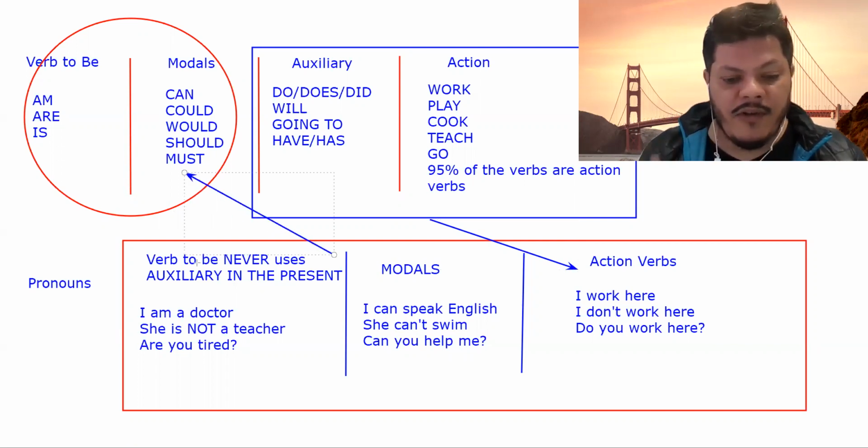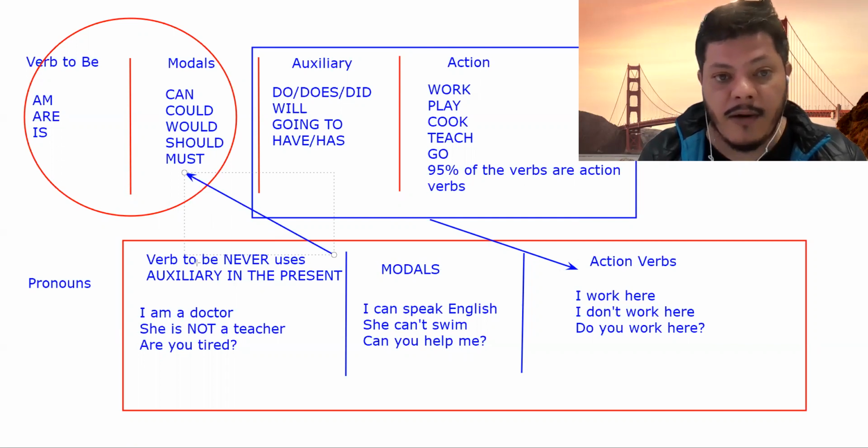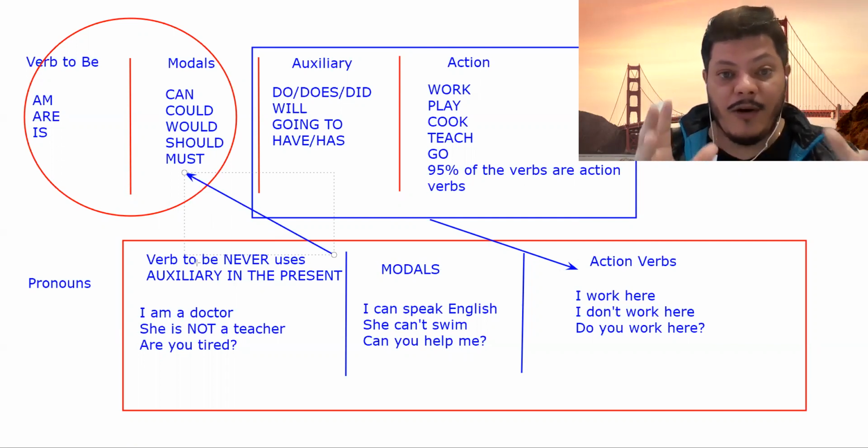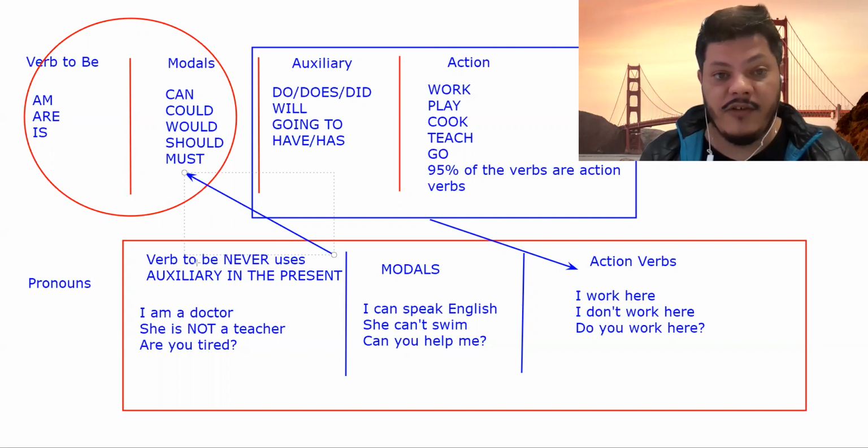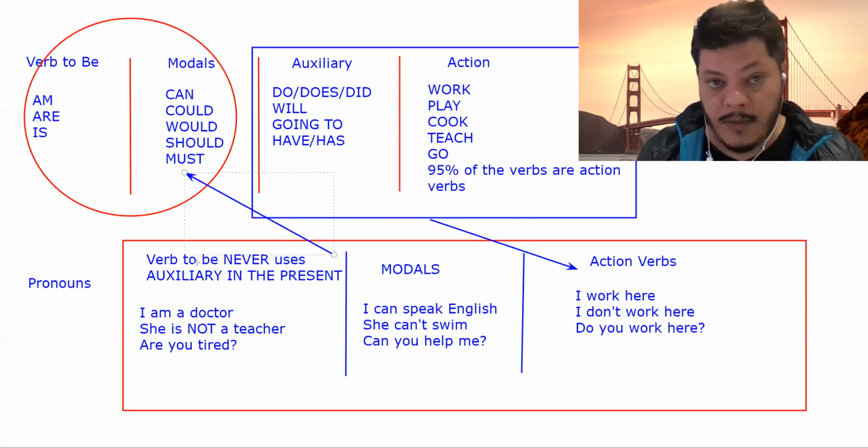I hope you understand what I just talked about. I hope you understand that there are different types of verbs in English, and these different types of verbs behave in slightly different ways. If you have questions, remember, you can just drop a comment or send me a message directly. I'll be happy to help you.